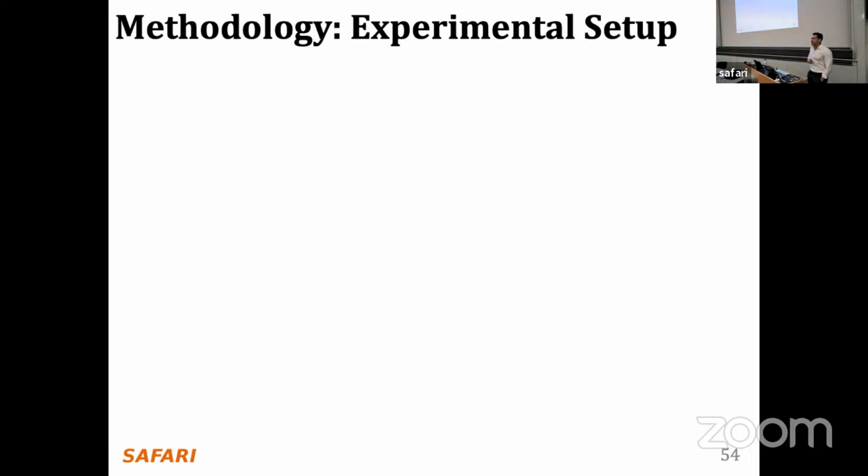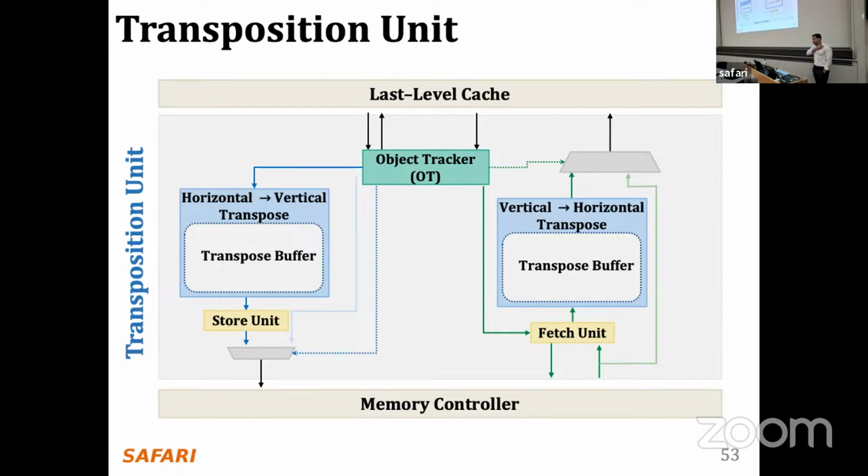It's not when the PIM is going to be used, and it's also not the entire DRAM that is transposed. Only the memory object. This model assumes that you, as a programmer, know which arrays, for example, are going to be later used in processing using DRAM operations.